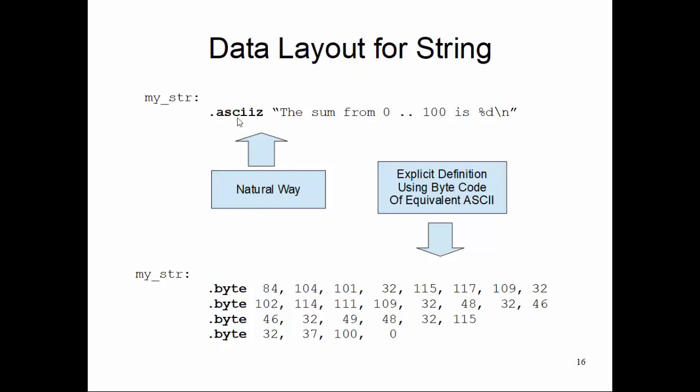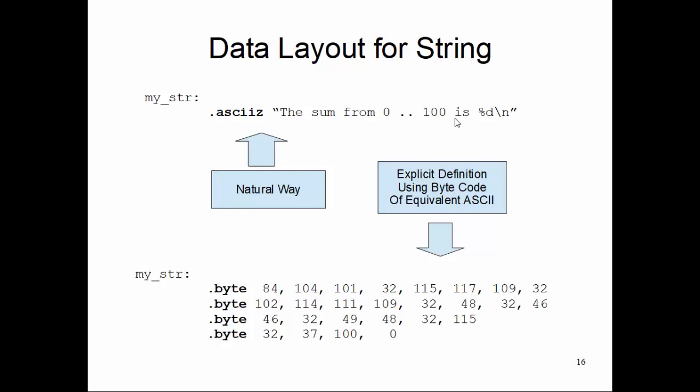There is another directive called .ASCII, not .ASCIZ, which does not append a null character to the given string. So if you are using .ASCII, you need to explicitly declare a null character in the string definition itself. That's the difference between .ASCIZ and .ASCII.